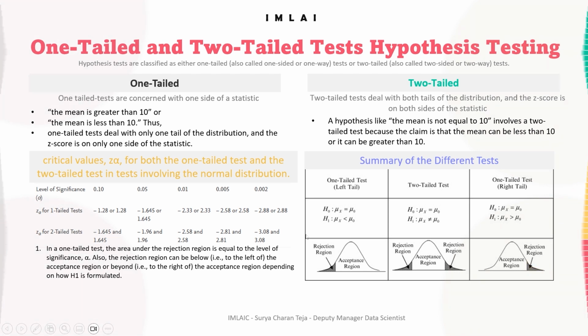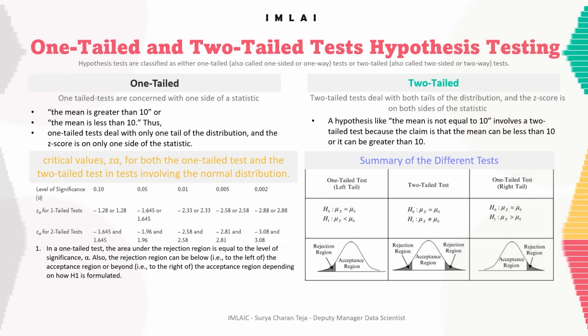Then in a two-tailed test, there are two critical regions, and the area under each region is alpha divided by 2.